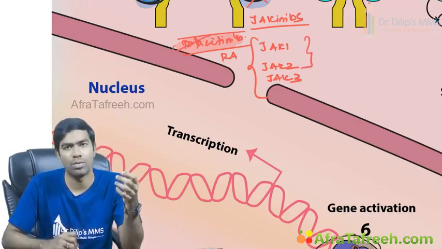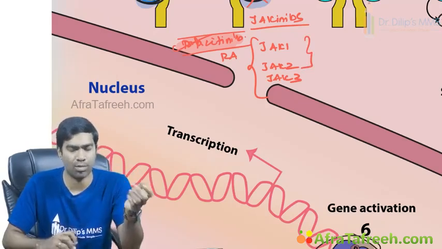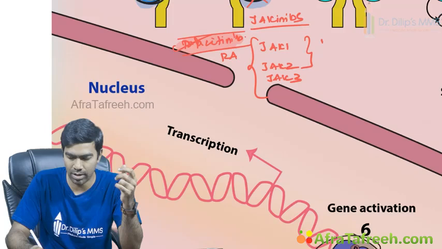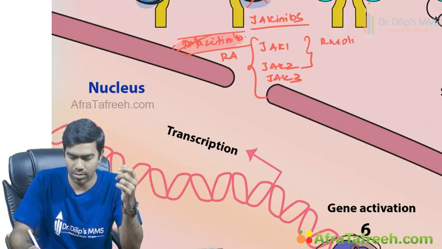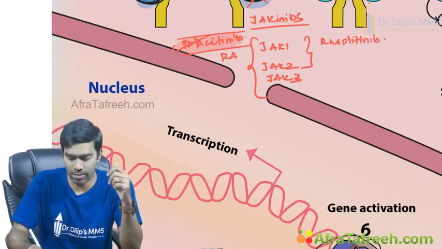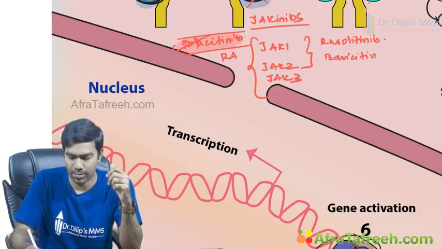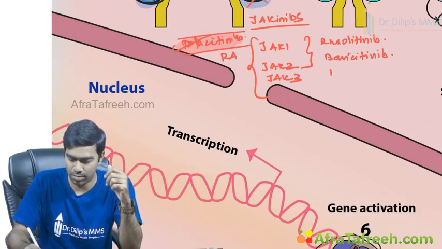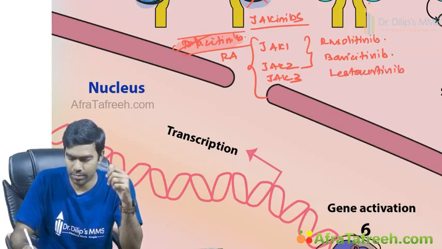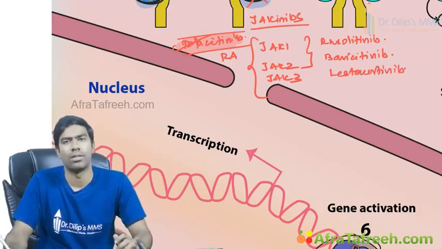And JAK1 and 2 can be inhibited, with the exception of JAK3, by drugs like ruxolitinib. Clear? You can have ruxolitinib, or you can use baricitinib, and you have a compound called fedratinib.